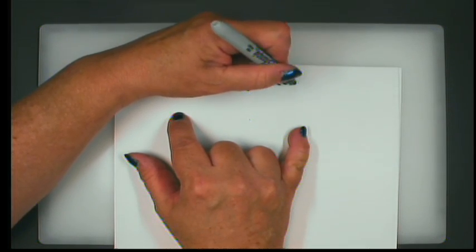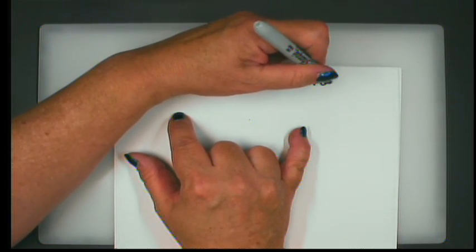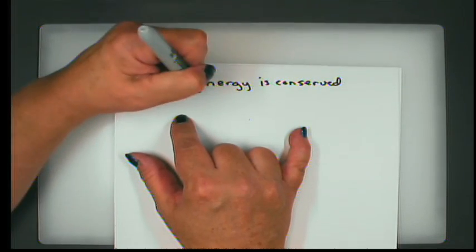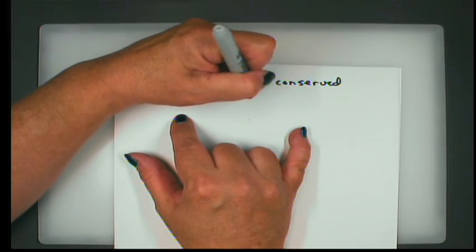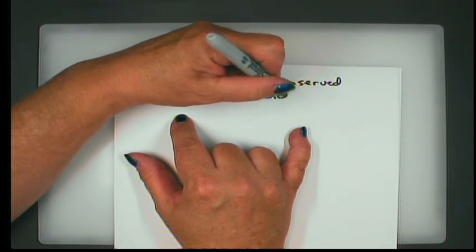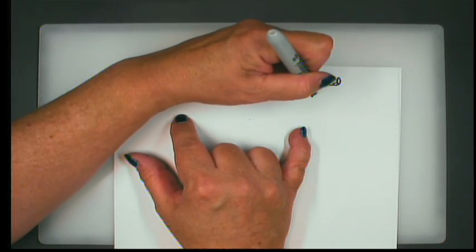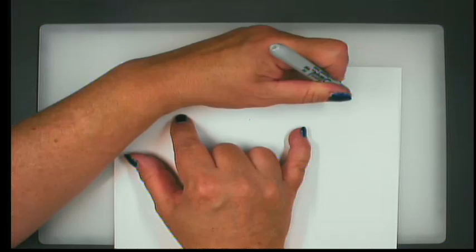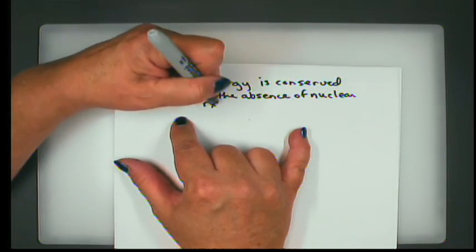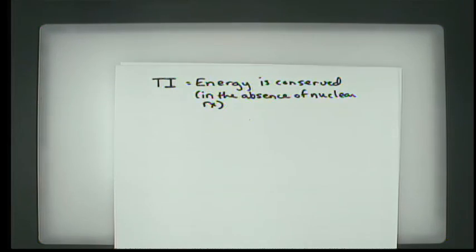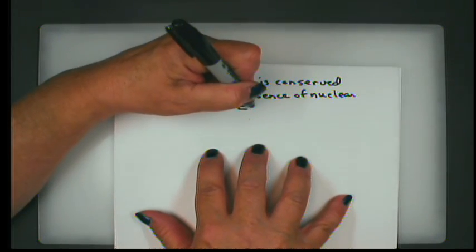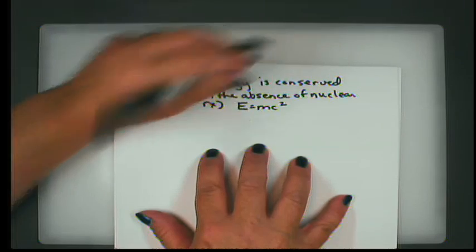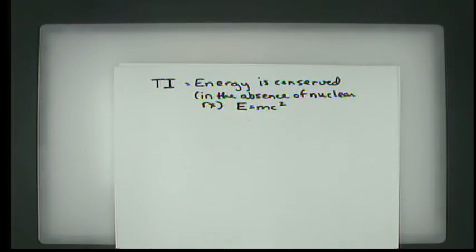Now, strictly speaking, that should be specified in the absence of a nuclear reaction. If you have a nuclear reaction, you have some mass that is becoming energy, but in that particular case, you can still account for it. You just have to use Einstein's law, which just says that energy is equal to mass times the speed of light squared.